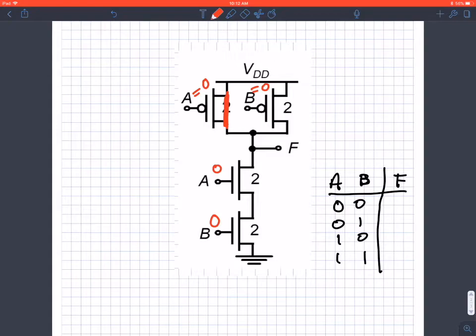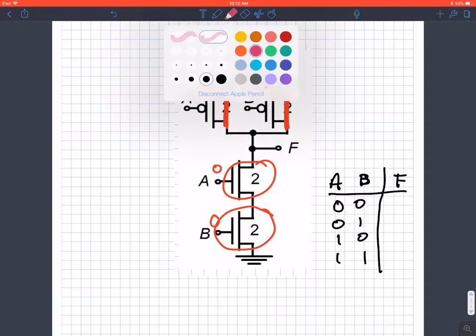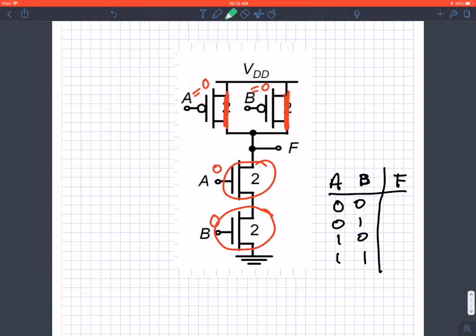There's a bubble on the input, this transistor closes. These two, there's no bubble, so these two transistors are open. So there's no path to get from the output point F to ground. So F can't be a 0.